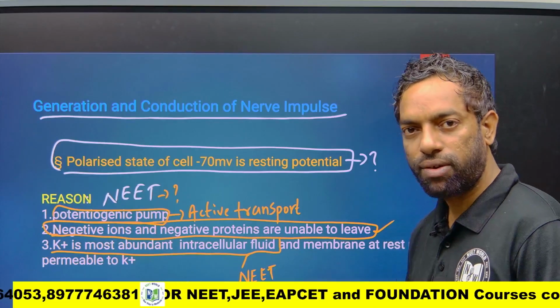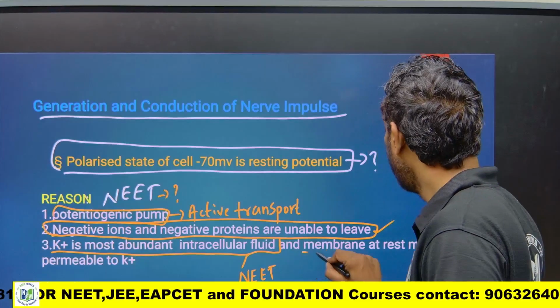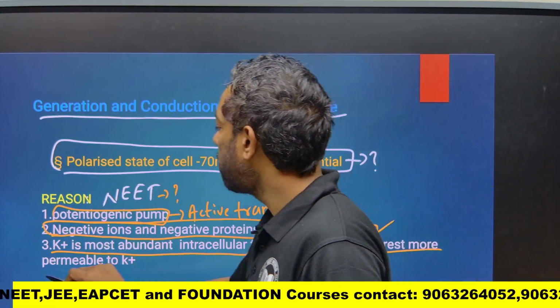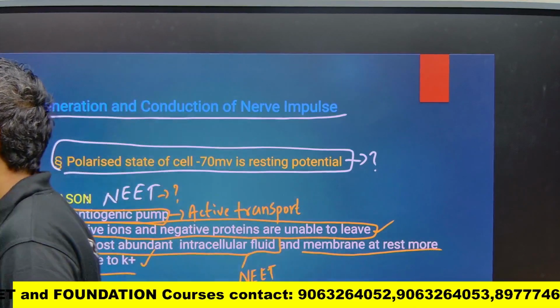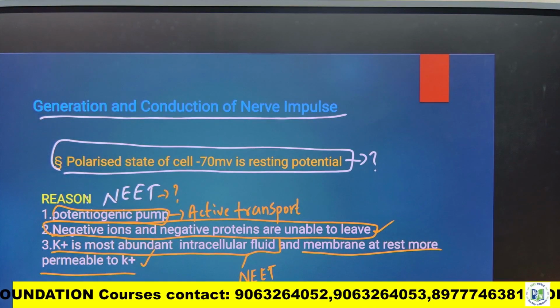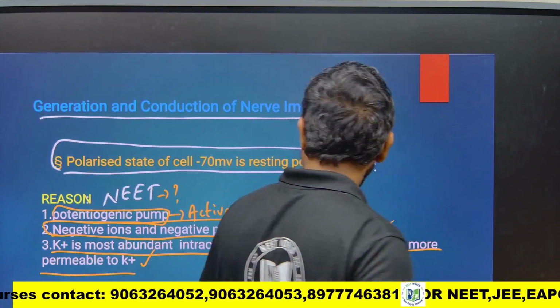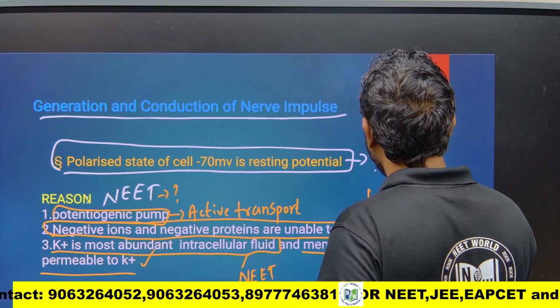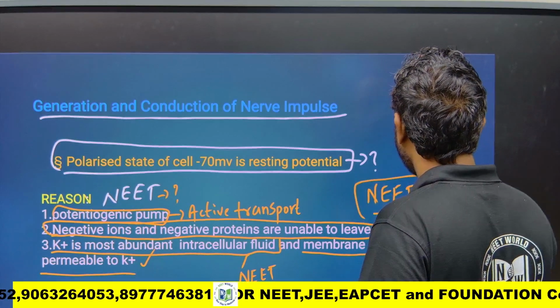In the intracellular fluid there are more potassium ions, and the membrane at rest is more permeable to potassium. These points are exclusively for NEET, most important, star mark.